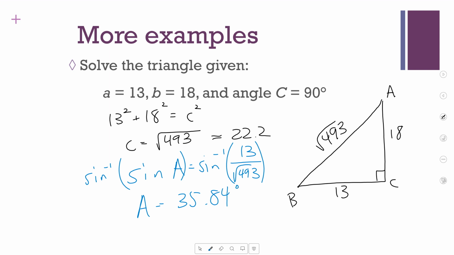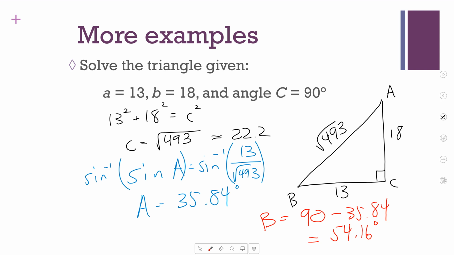How'd you get B then? Did you do another trig function? Beautiful. So again, working efficiently, we know that angle B is going to be equal to 90 minus that 35.84, which would be 54.16.